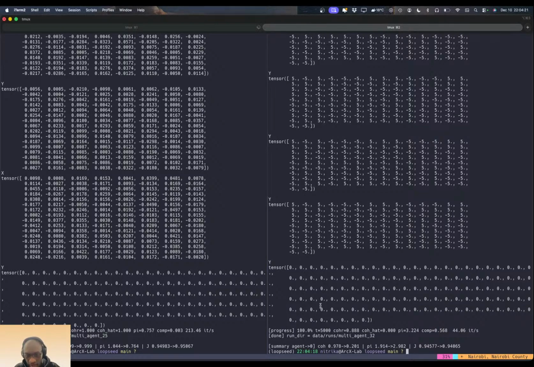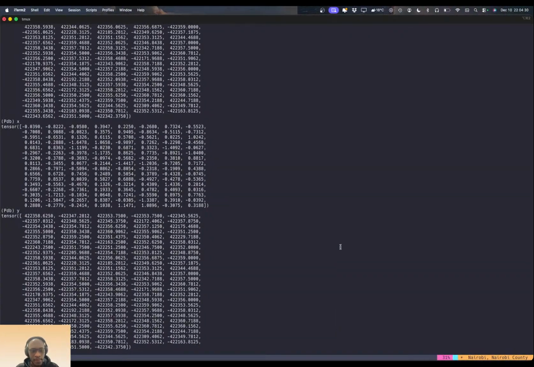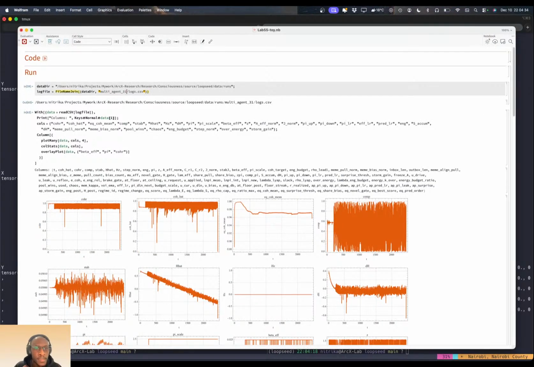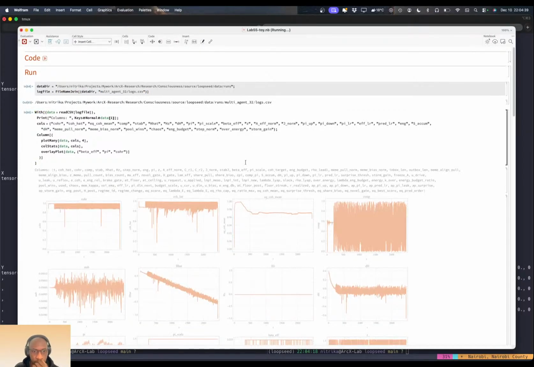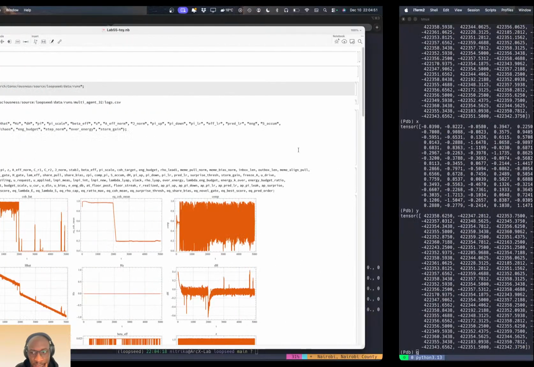Oh, wait a minute. It worked. We didn't hit zero. That's good. Let's see. Mathematica, where are you? Okay, that's interesting. See what happened. No way. We still got to zero somehow. This is the agent.